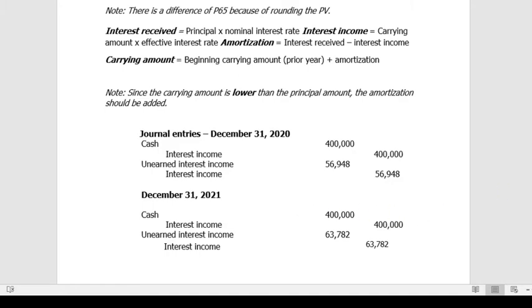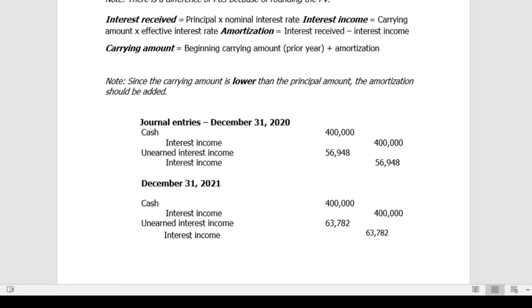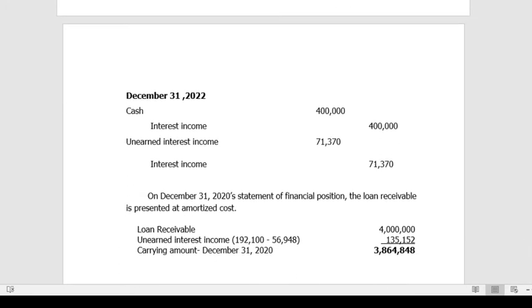So, ilipat mo uli yung unearned interest income before na 63,782 and then credit interest income 63,782. Next, when you receive the cash, you debit cash, 400,000, credit interest income, 400,000. You debit unearned interest income, 71,370, and then credit interest income, 71,370.